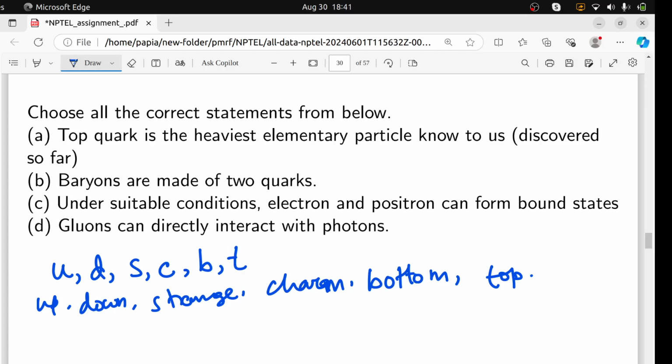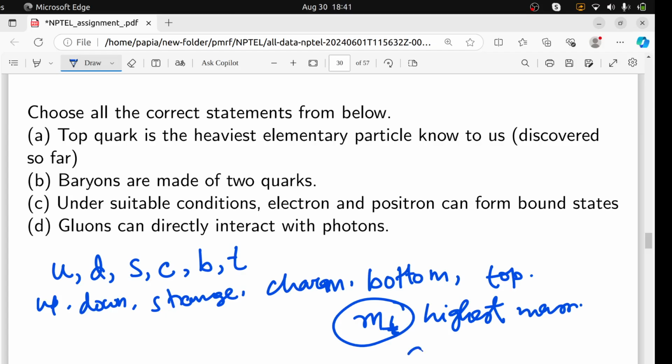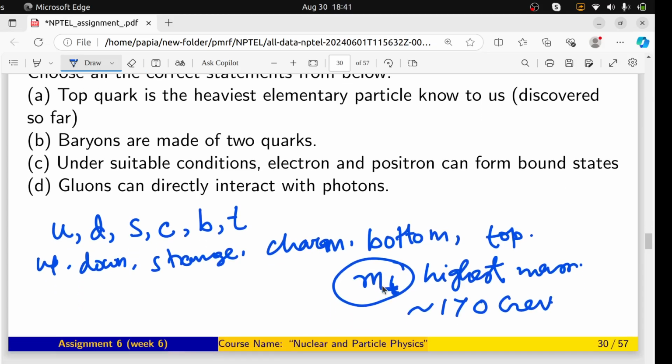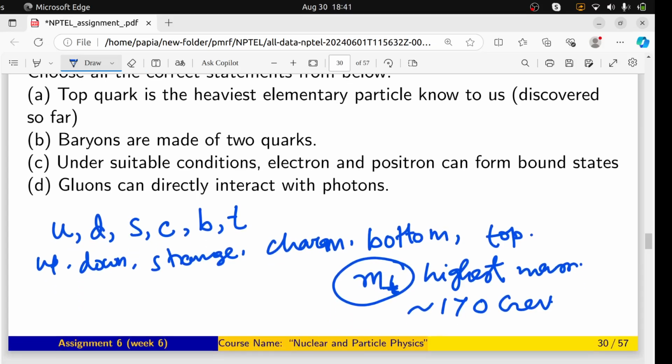Among these 6 quarks, if I see the mass, then the mass of the top quark is the highest one. It has a mass of the order of 170 GeV, if I am not wrong. 170 or 175 GeV or something like that.